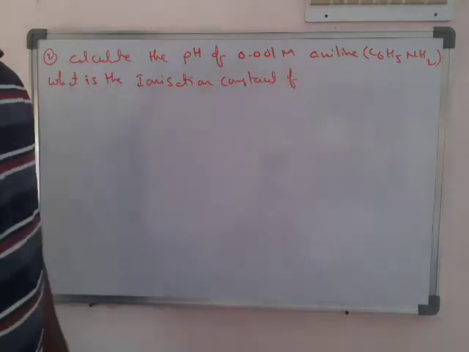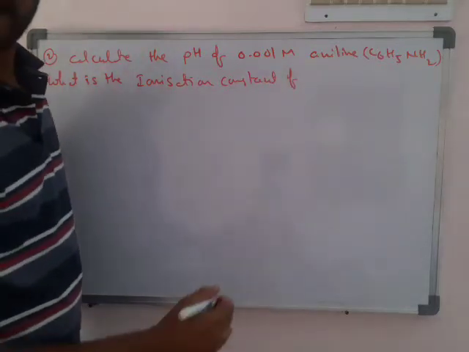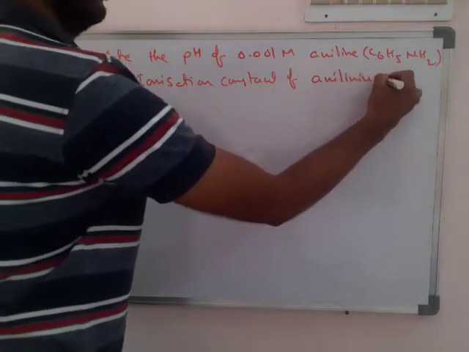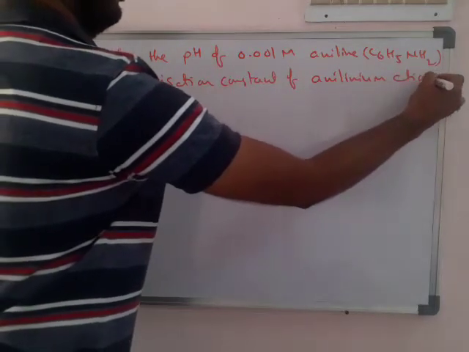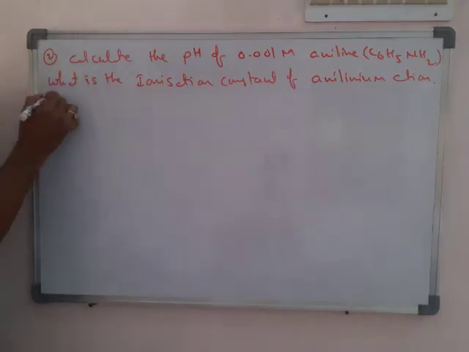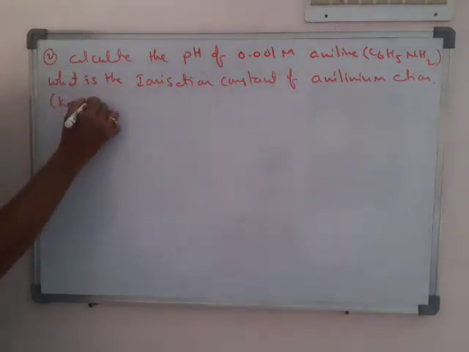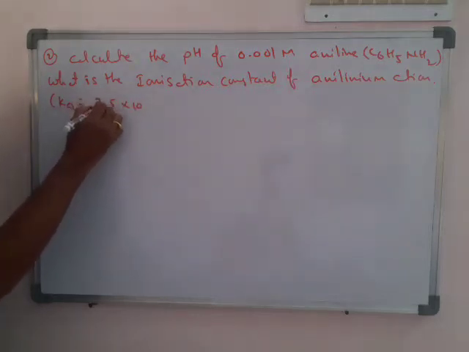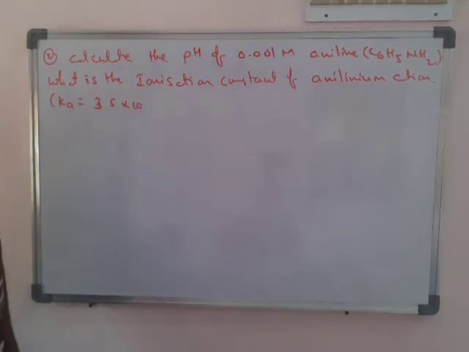What is the ionization constant of the anilinium cation? Given that the Ka of that is 3.5 into 10 to the power of minus 10.